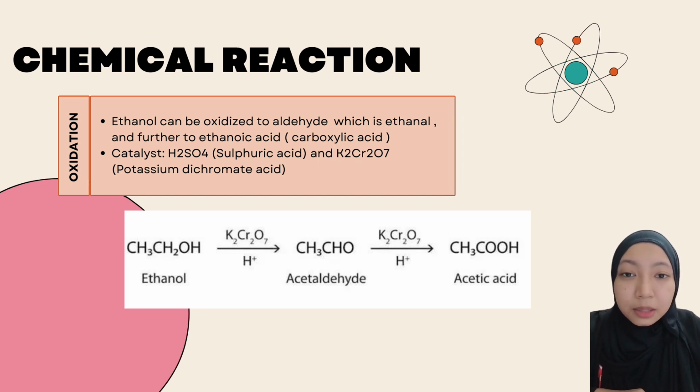We use a catalyst, sulfuric acid, H2SO4, or acidified potassium dichromate, K2Cr2O7, in the presence of H+. So ethanol will undergo oxidation to form acetaldehyde and furthermore acetic acid using the catalyst.